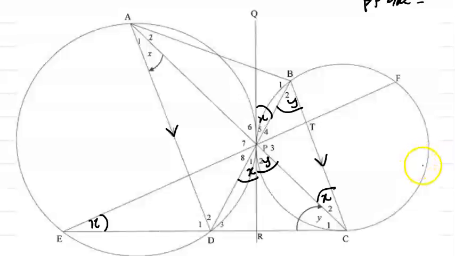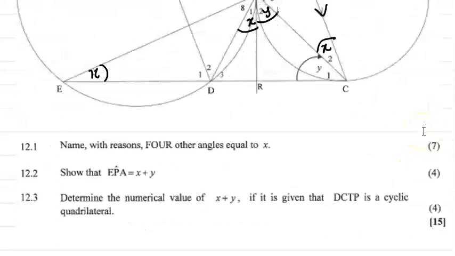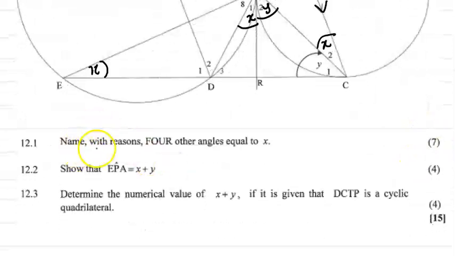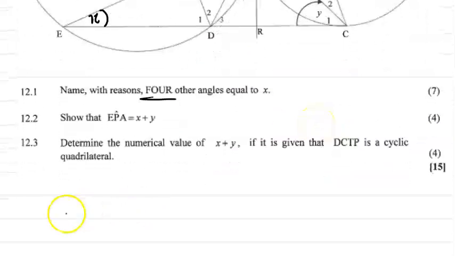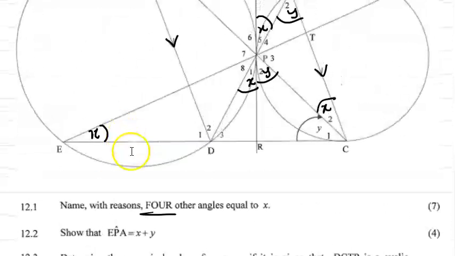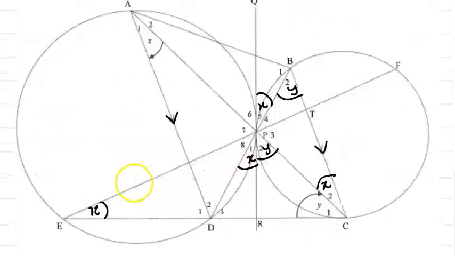Now let's see if we can answer some of these questions. The first question now says, name with reasons 4 other angles equal to X. And we've got them. Right, so we've got 4 X's here. 1, 2, 3, 4. So let's write them in that same order. So for 12.1, our first statement here will be, what did we write down first? Well, we've got angles in the same segment, A1 and E. Let's write that down.